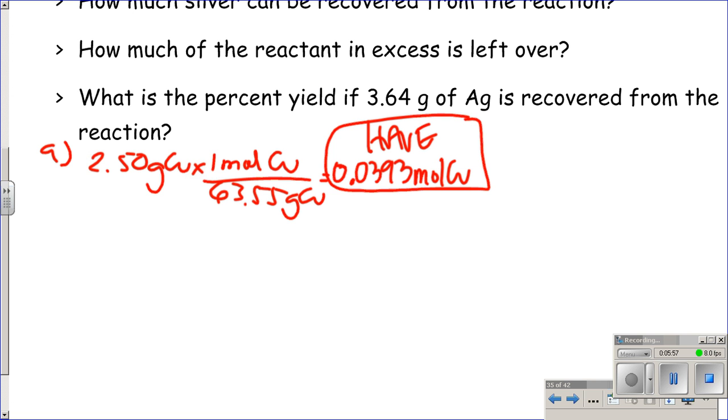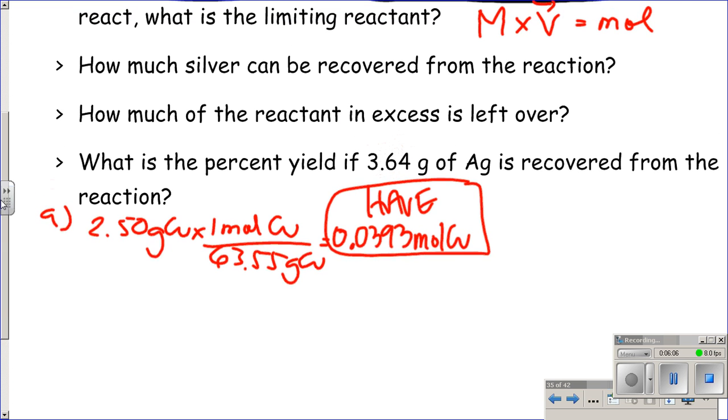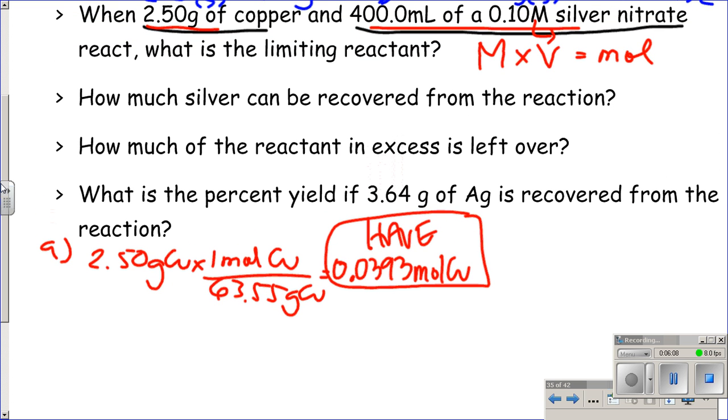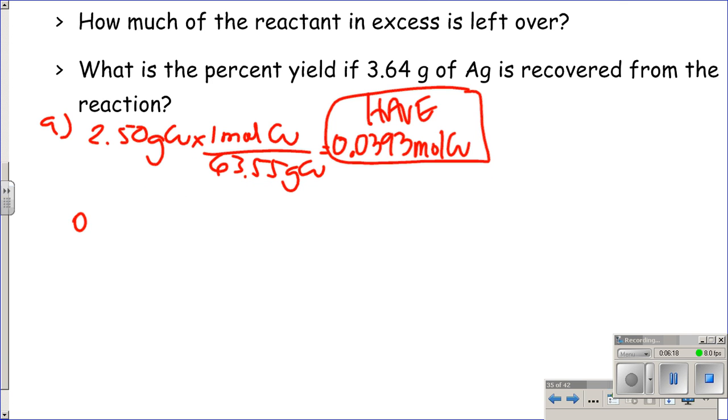Doing the same thing, but for silver nitrate. What did I just tell you to do to get moles? Molarity times volume. The volume is how many liters? 0.4000. We're getting real specific here, okay? So 0.4000 liters of solution times, what's the molarity?